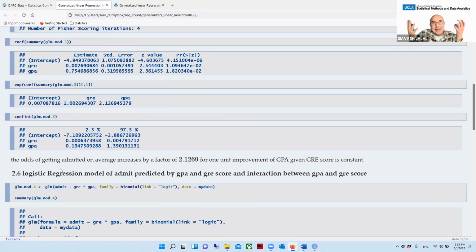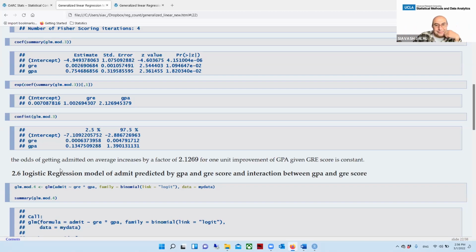So basically, if we randomly find two people where one person's GPA is one more than the other, and they both have the same GRE score, the odds for the person with the GPA 1 unit higher, on average, we expect to be higher by a factor of 2.12, or the odds is about 2 times more.